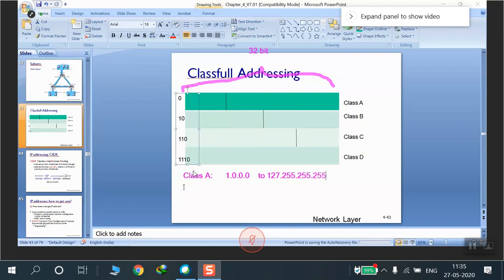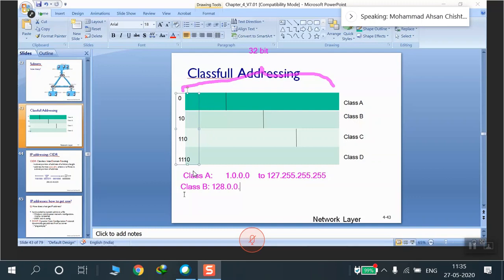We would have for class B, starting from 128, since class A ends at 127, so add one more, 128.0.0.0 to 191.255.255.255.